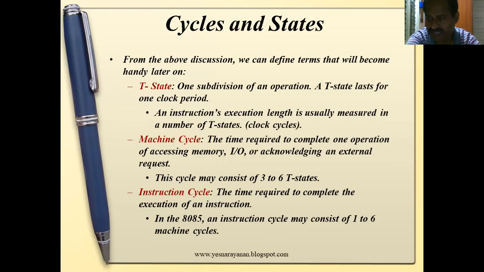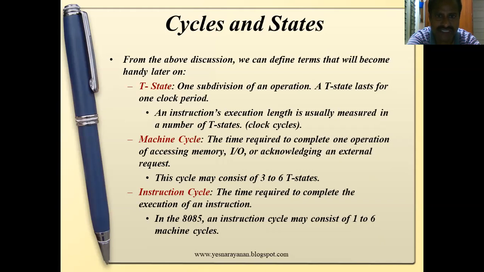Cycles and status. From the above discussion, we can define terms that will become handy later on. T-state: one subdivision of an operation. A T-state lasts for one clock period.